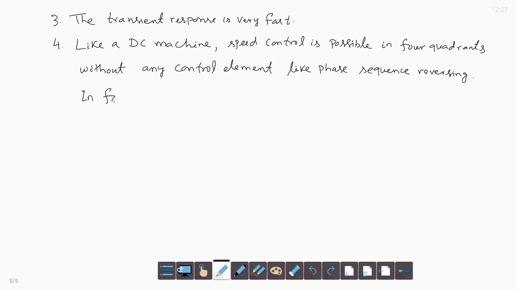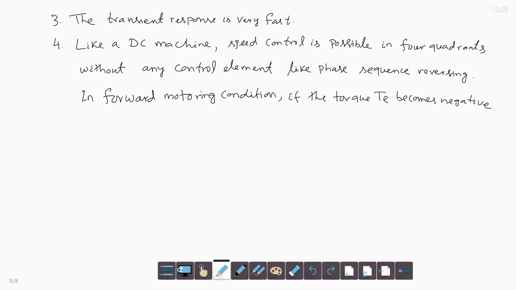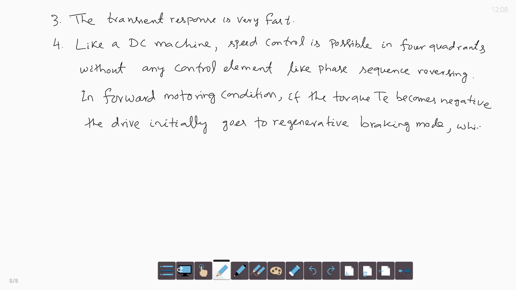In forward motoring condition, if the electromagnetic torque Te becomes negative, that means we can make Te negative by reversing IQS or flux through inverter control, the drive initially goes to regenerative braking mode, which slows down the speed.